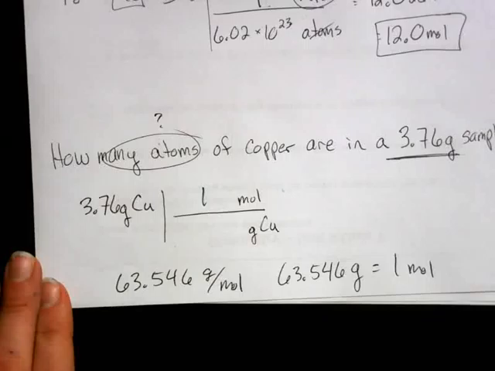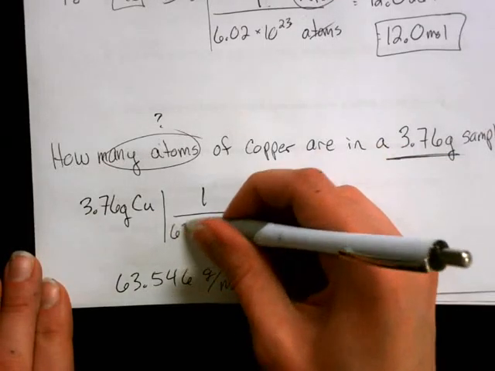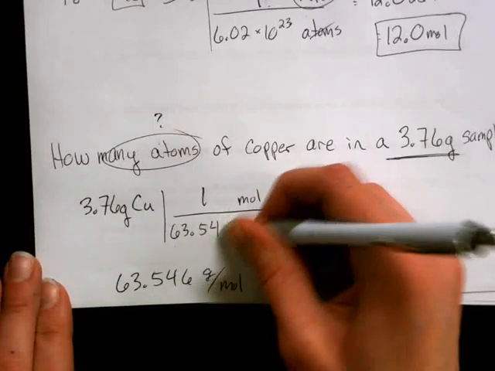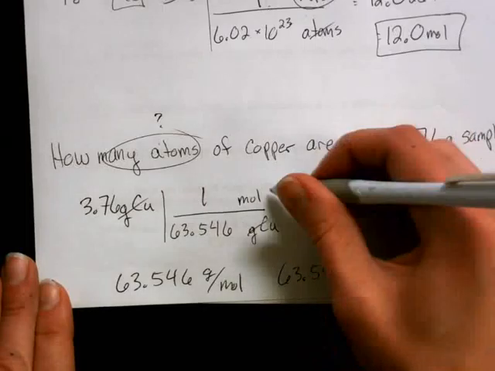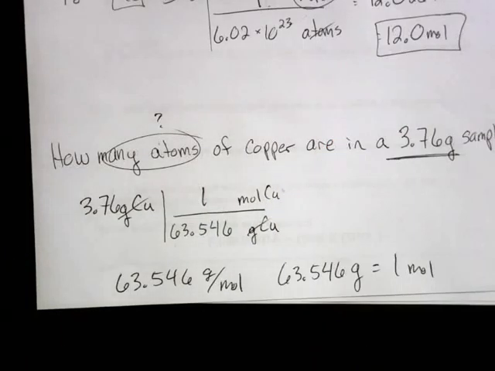My 1 goes with my mole, so I put that on the top, and my 63.546 grams goes on the bottom with my gram unit. Perfect. Grams cancel. I'm left with moles of copper.